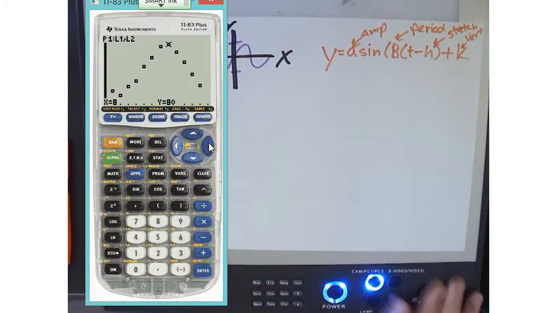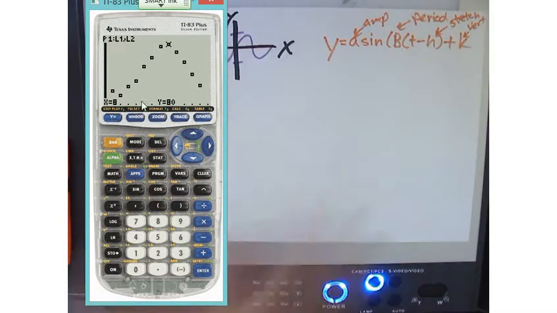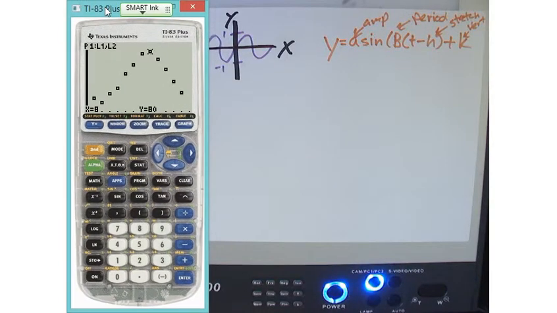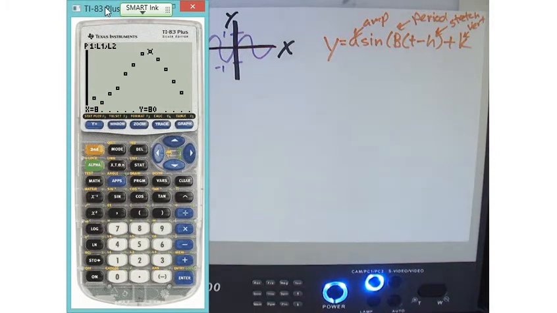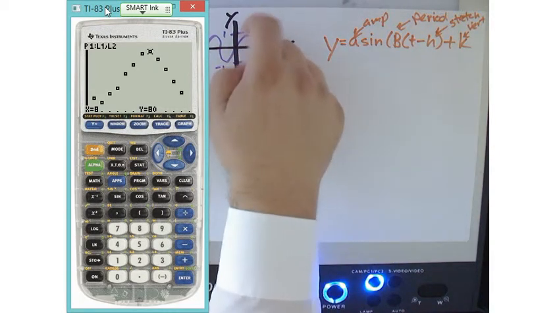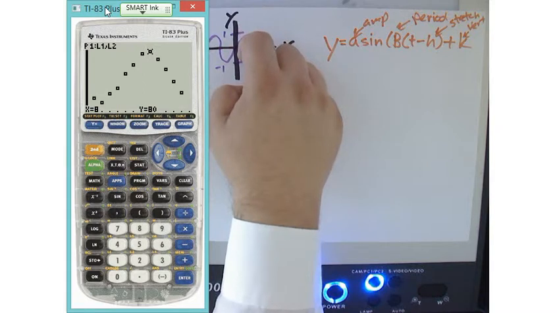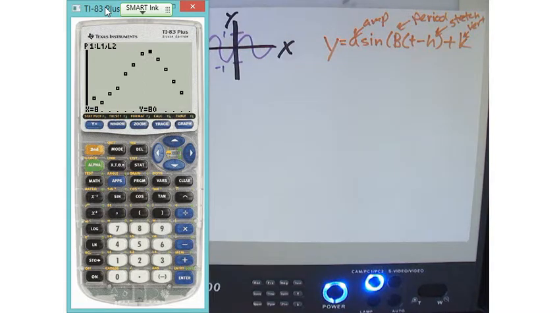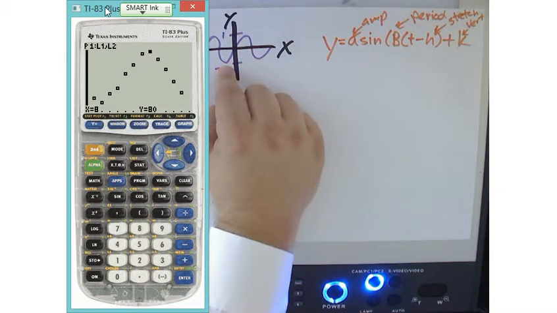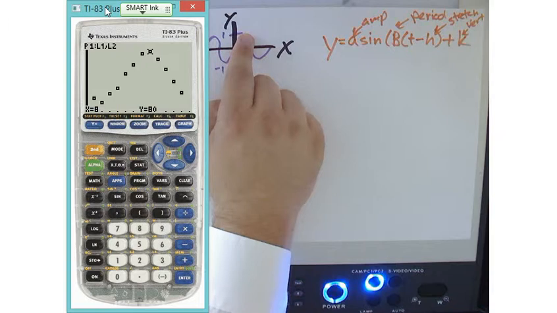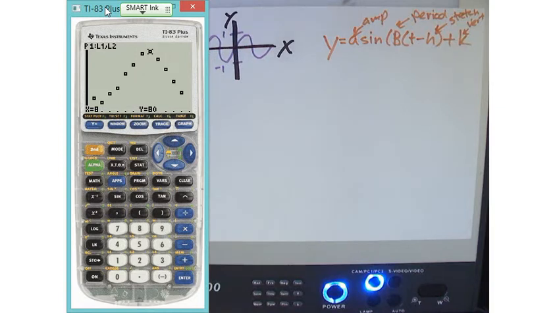So what I would like to do is figure out the amplitude. If this has an amplitude of 1, how do I apply that information? Well, my lowest point here is negative 1. My highest point here is positive 1. What's the distance between the two of them? 2. So how do I figure out the amplitude?